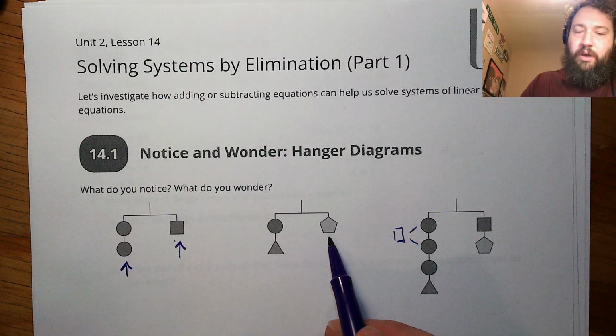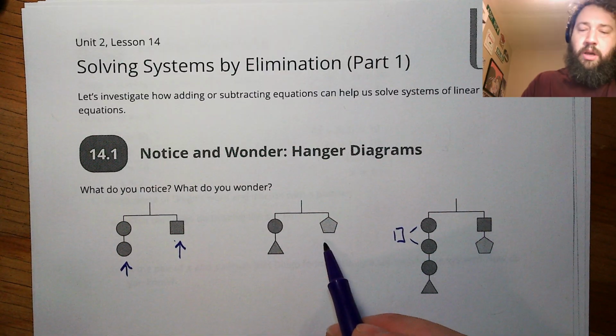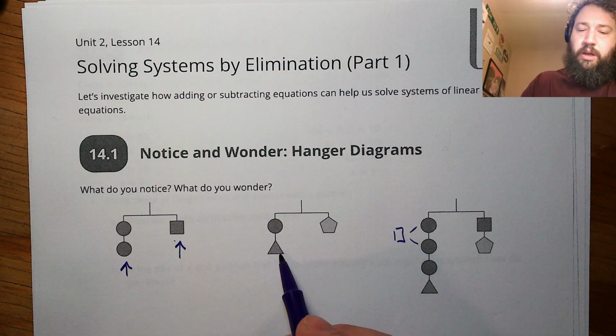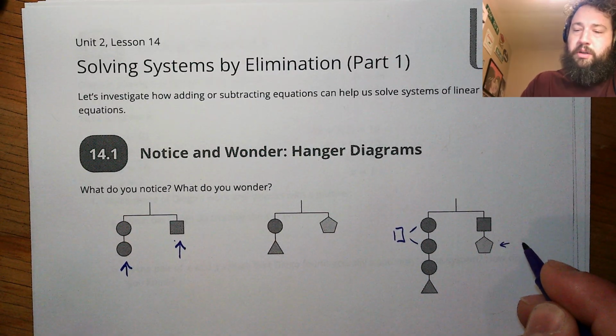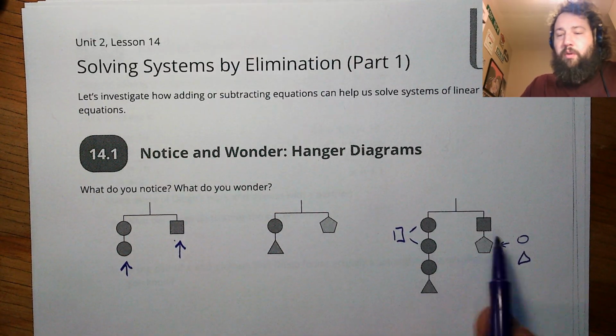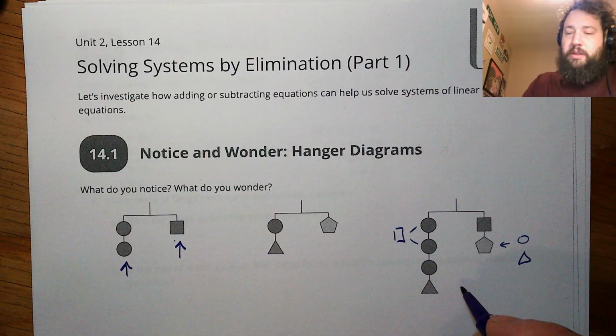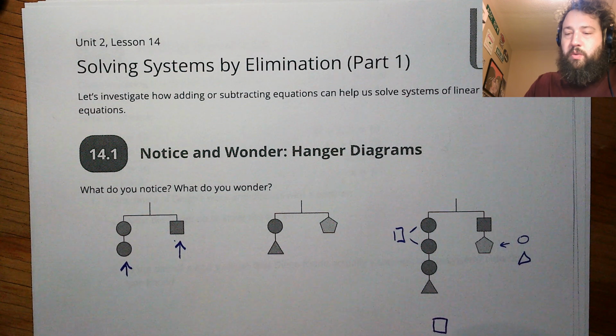Also, I have a pentagon here that is a circle and a triangle. So this pentagon could be considered a circle and a triangle. Now, if I rewrote this over here, these 2 circles turn into a square, then I have a circle and a triangle balanced with a square and a circle and a triangle.